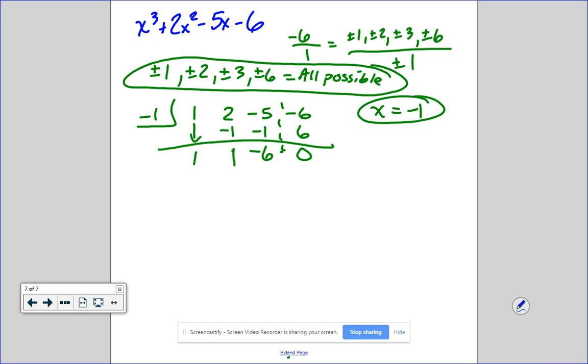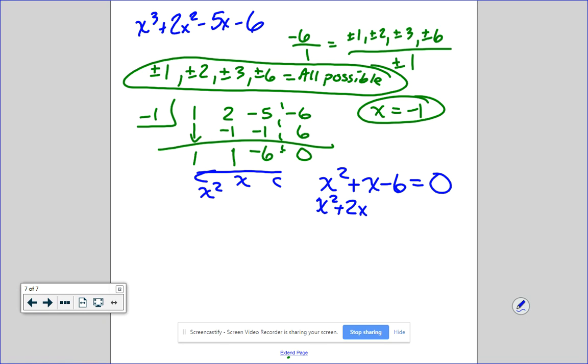Write this out. Constant, x squared. So x squared plus x minus 6 equals 0. Two numbers that multiply to negative 6 and add to 1. 2 and 3. x squared plus 3x minus 2x minus 6.